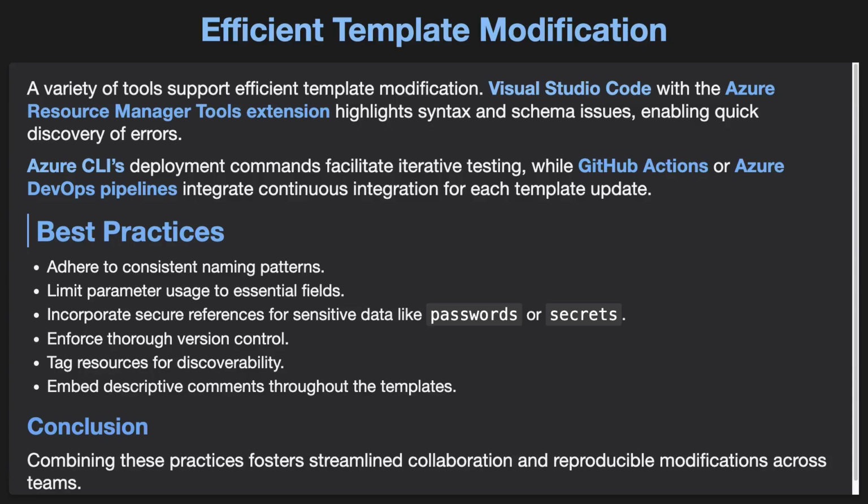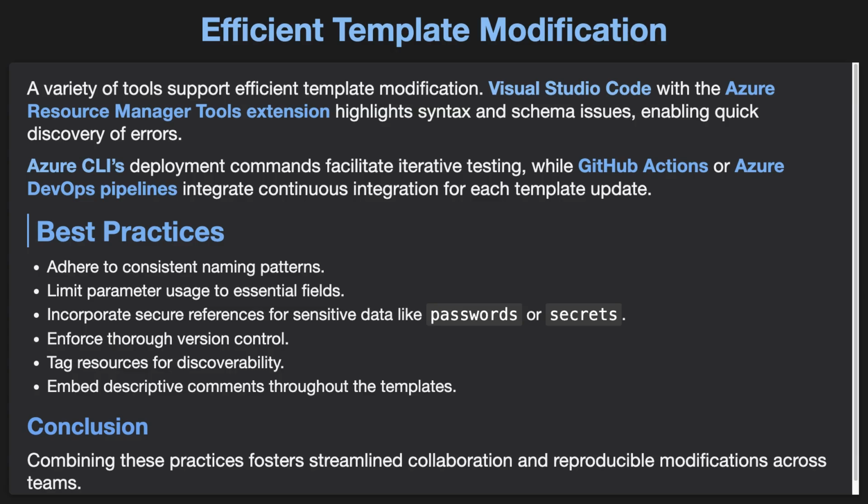A variety of tools support efficient template modification. Visual Studio Code with the Azure Resource Manager tools extension highlights syntax and schema issues, enabling quick discovery of errors. Azure CLI's deployment commands facilitate iterative testing, while GitHub Actions or Azure DevOps pipelines integrate continuous integration for each template update.